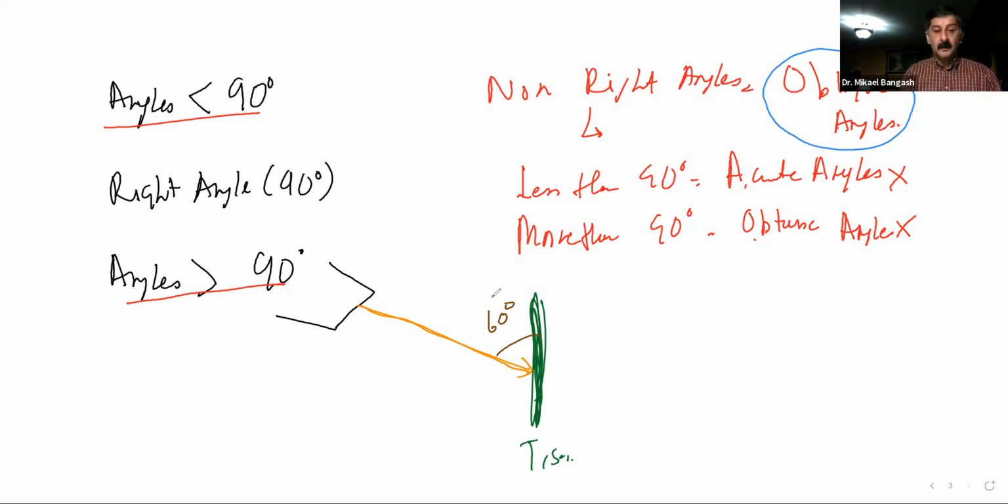Because this incidence hits the tissue boundary at an oblique angle, it is going to be referred to as an oblique incidence.